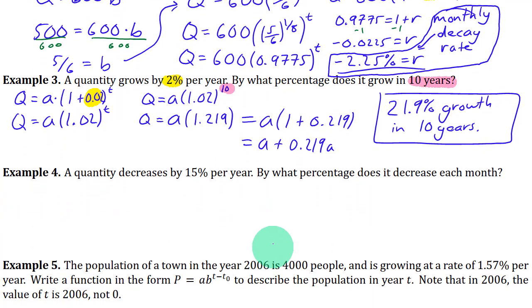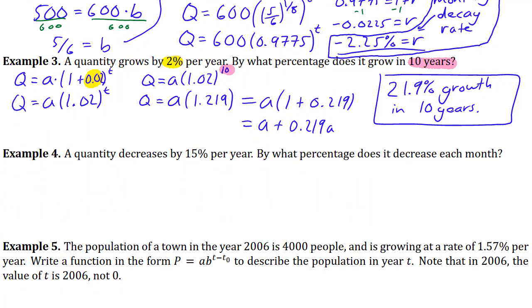Okay, so let's look at 2 more examples. This is a long video. We have a quantity that decreases by 15% per year. So by what percentage does it decrease each month? So I'll give you a warning here.